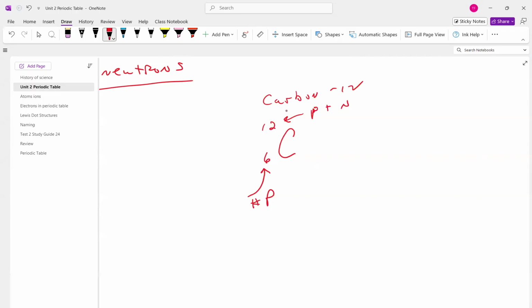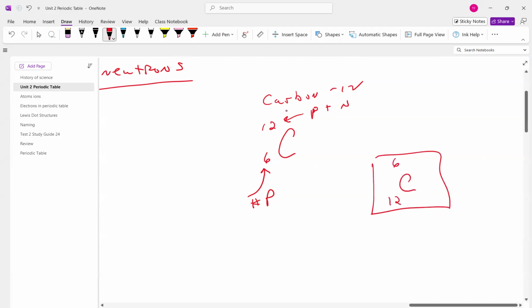Now, what's unfortunate is the periodic table has these two numbers reversed. Remember, we just looked at the carbon on the periodic table. So for the periodic table, the number of protons is on the top, not the bottom. But it's only for the periodic table.